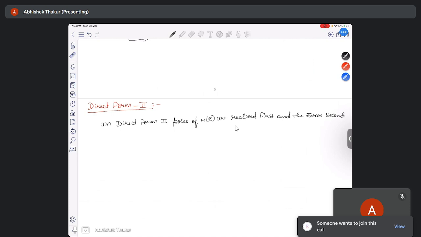When the transfer function H(z) is divided into two parts, H1(z) and H2(z), where H1(z) has only poles and H2(z) has only zeros.